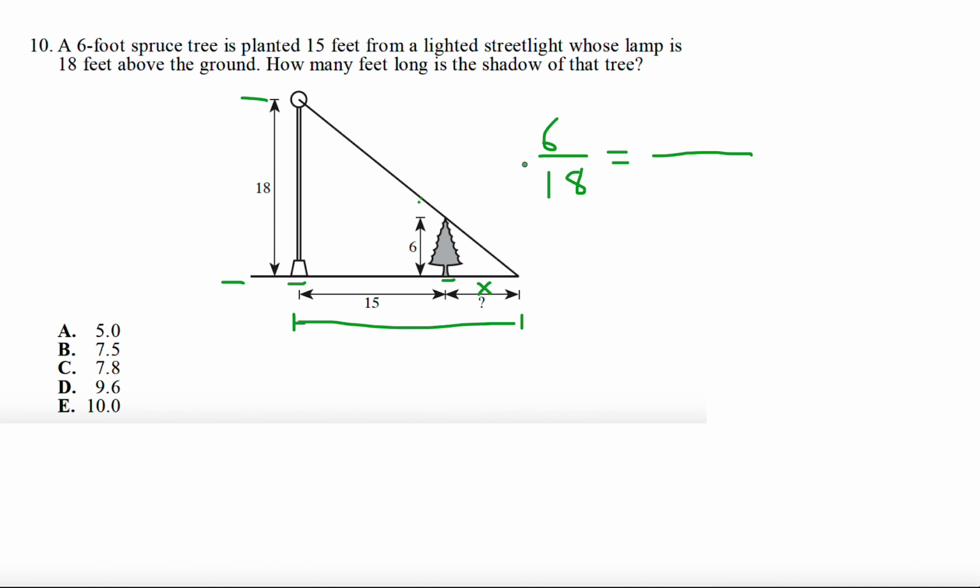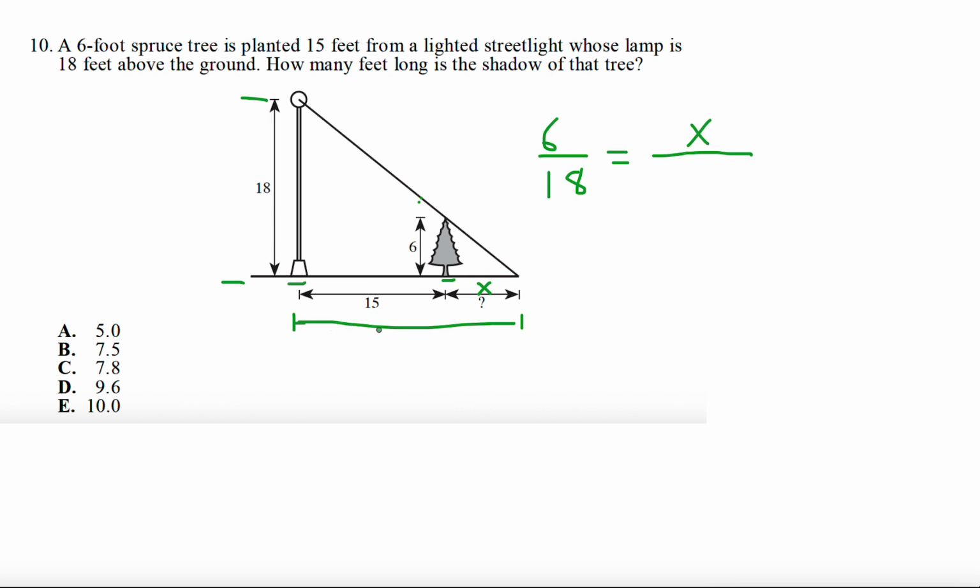Since for the height we have the spruce tree in the numerator, likewise we'll have the shadow that the spruce tree casts in the numerator. And then we'll look at the base for the shadow that the street lamp casts.